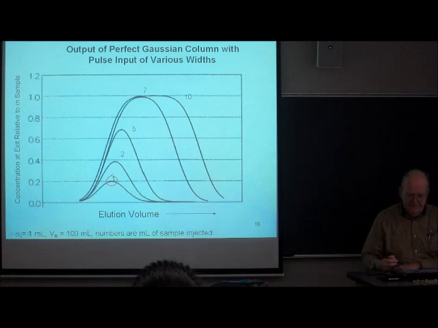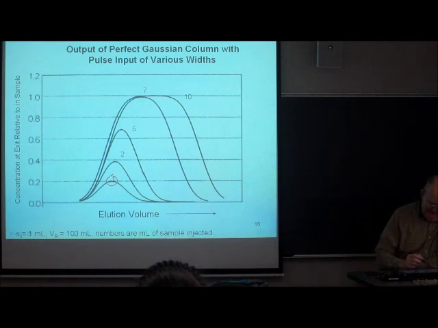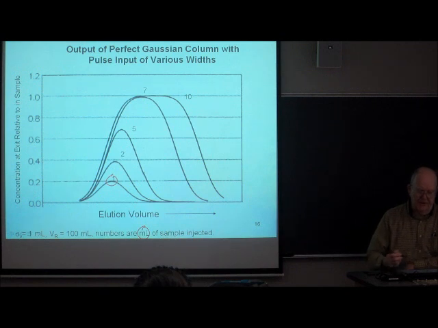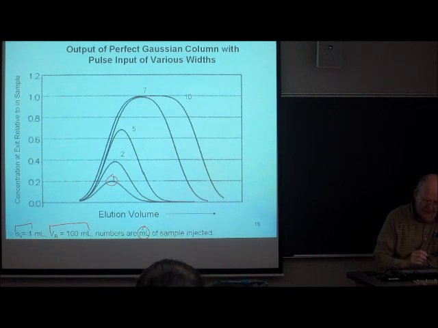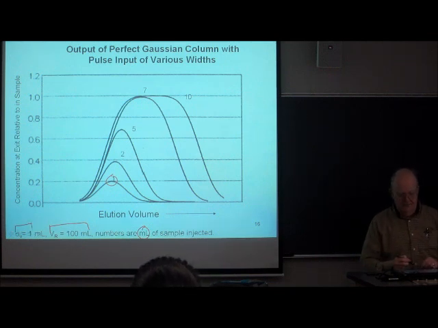So, in peak 1, which looks really, really Gaussian, what I'm doing is I'm injecting 1 unit of sample volume. The units of sample volume are in milliliters. And my Gaussian peak has a retention volume of 100 mLs, and the sigma of the column is 1 ml.